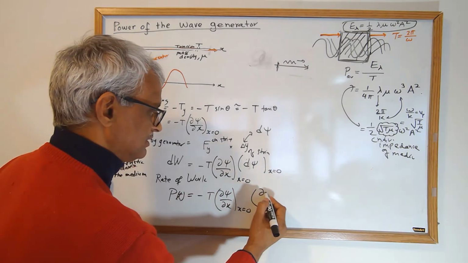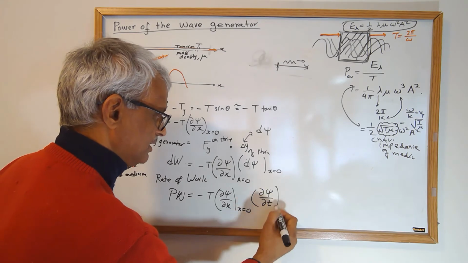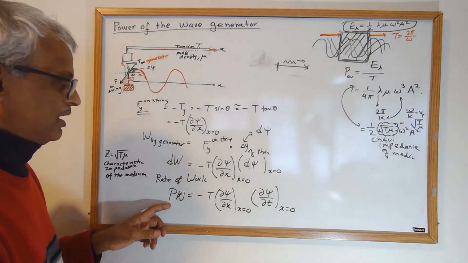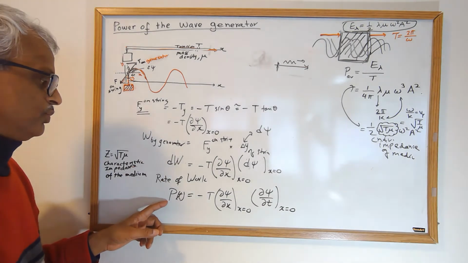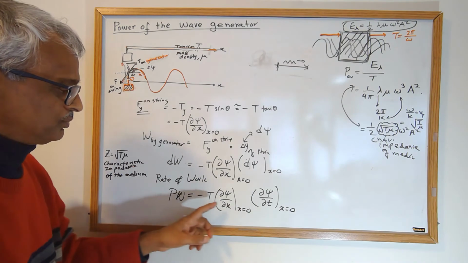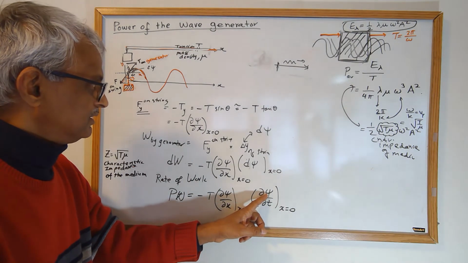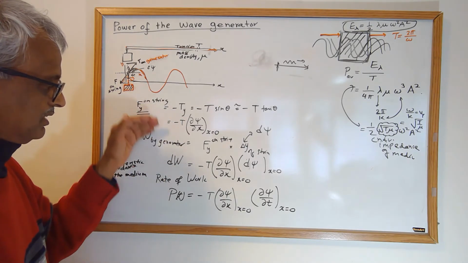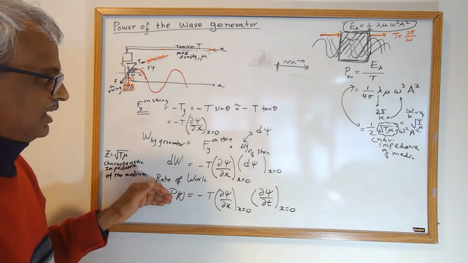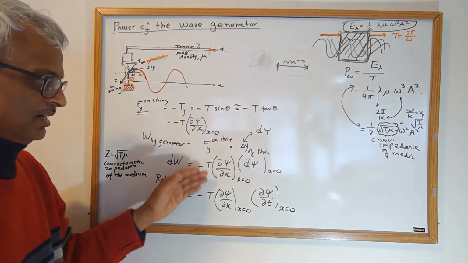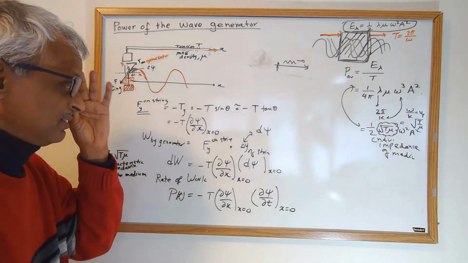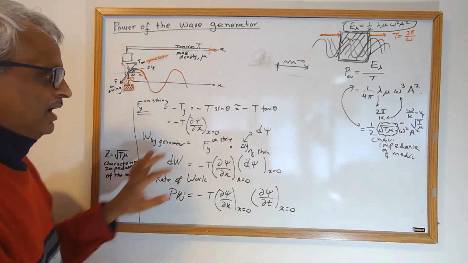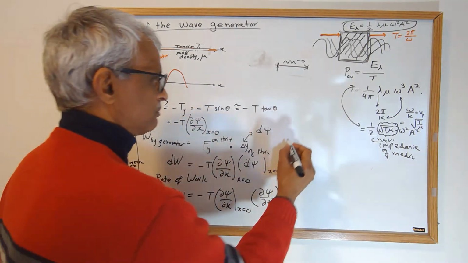This is the instantaneous power. If you look at it, so far I didn't assume any shape of the wave. I didn't say psi was cosine omega t or something like that. This is completely general up to here, and I want to look at what this looks like for a harmonic wave.